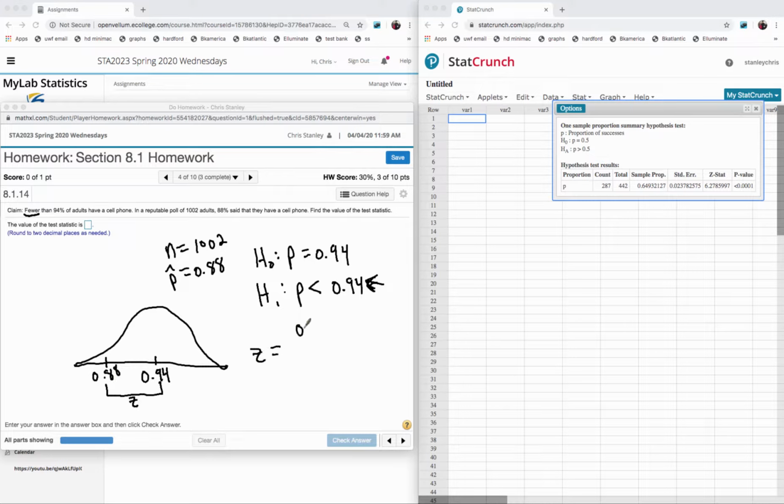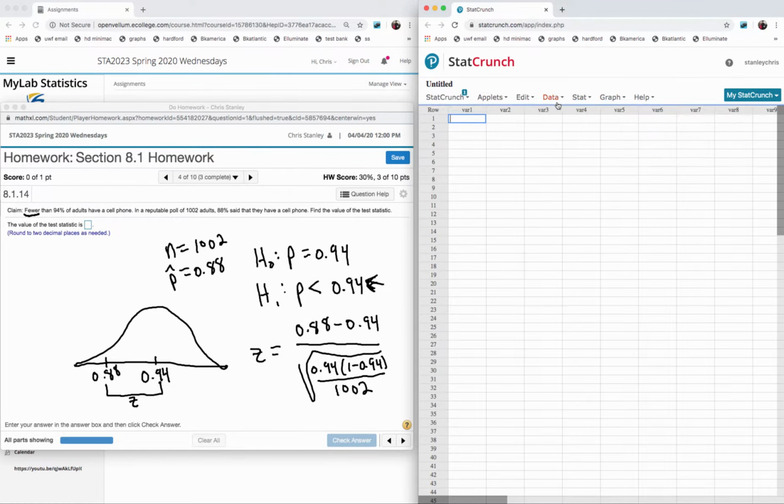So the formula to do this by hand would be 0.88 minus 0.94 divided by the standard deviation, the square root of 0.94 times 1 minus 0.94, all over how many we sampled. This is what StatCrunch is doing, but you're fine just doing StatCrunch.